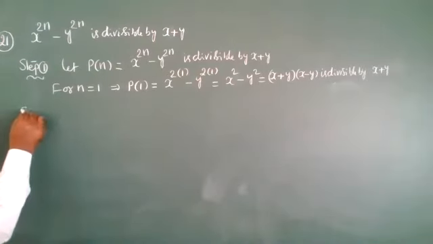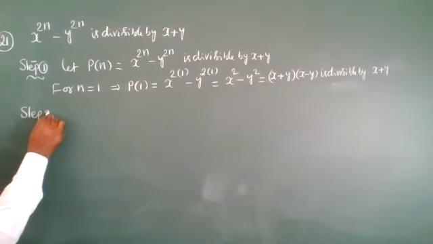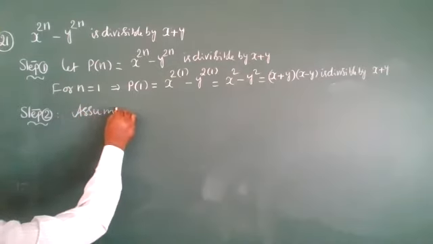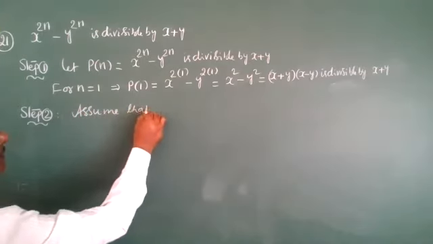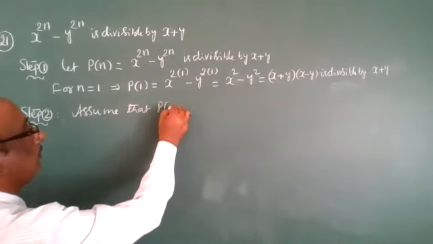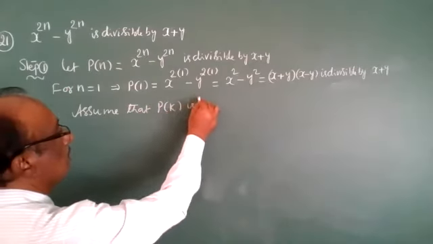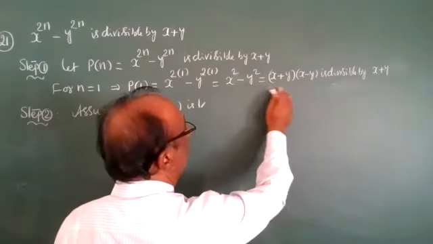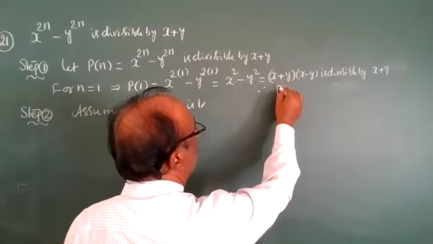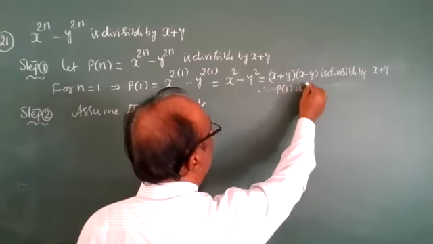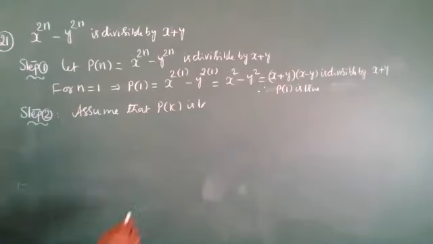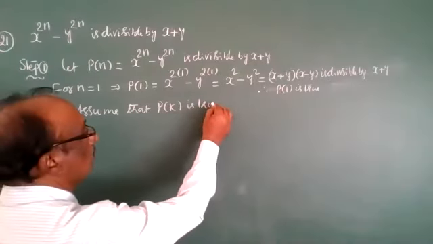Right. Go through this step 2, everyone. Assume that P of k is true. So P of 1 is true. Write down: therefore, P of 1 is true, which means x plus y is one of the factors.